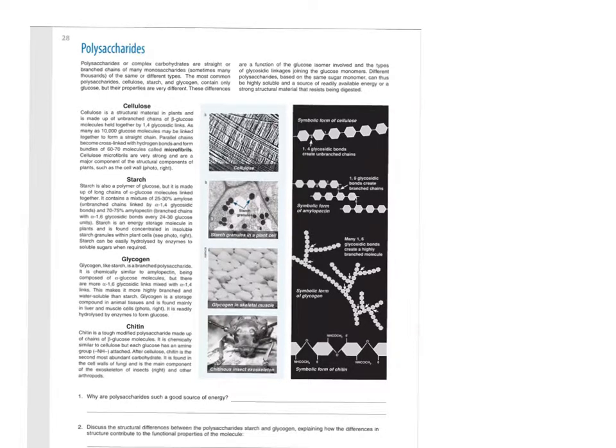So the first one is cellulose. Cellulose is used to make wood. Plants use it to build their structural components. Plants make sugar. Let's be clear on that. Plants make sugar for themselves.